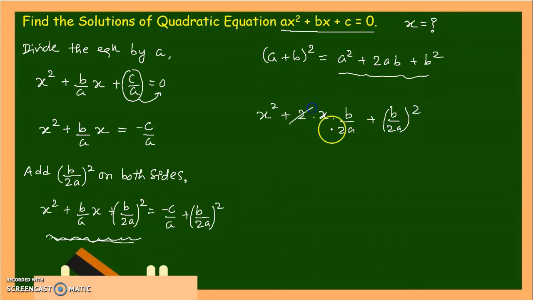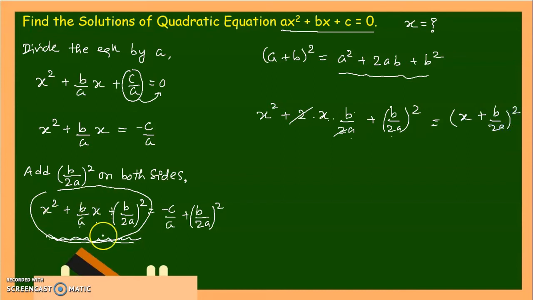If you cancel out this 2 and 2, then it becomes b by a x. So we can write this left hand side as a plus b whole square, where a is x and b is b upon 2a. That's why we add b upon 2a whole square on both sides.